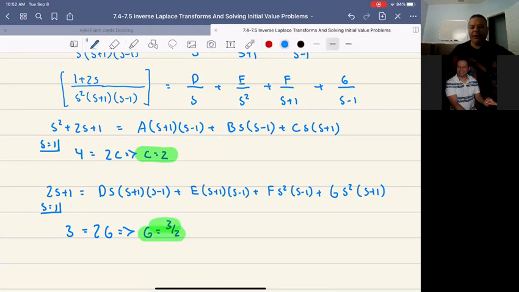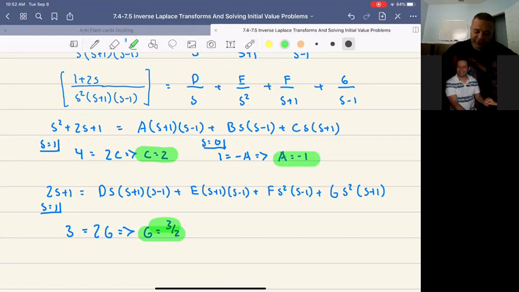Let's try another. Let's say s equals 0. That's going to get rid of some stuff. When s equals 0, we have 1 on the left-hand side, and on the right-hand side 1 times -1, so it's going to be negative a. So a equals -1. I'm just making sure it's all coming out like I did yesterday.